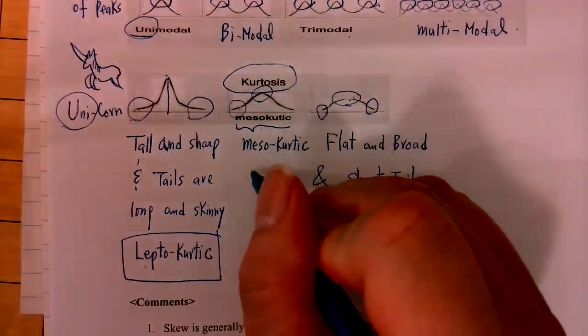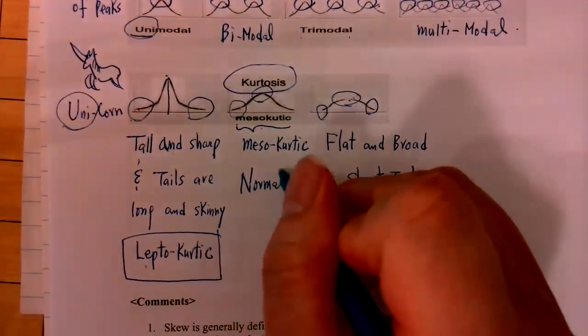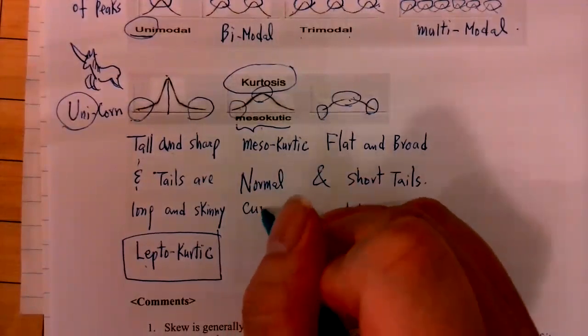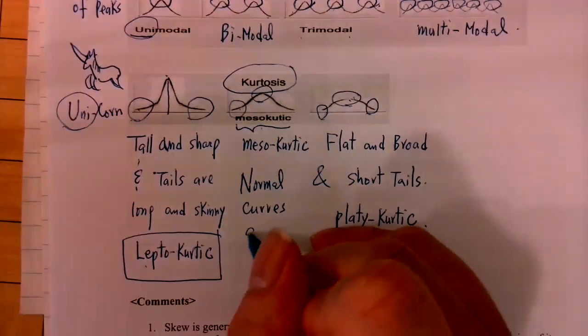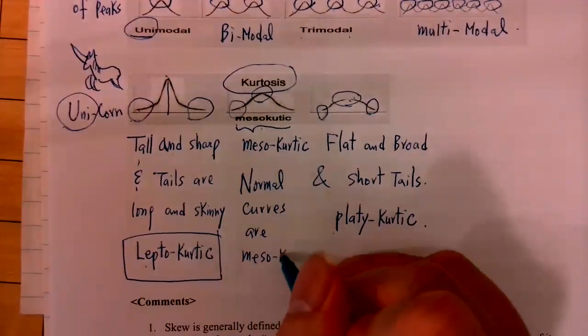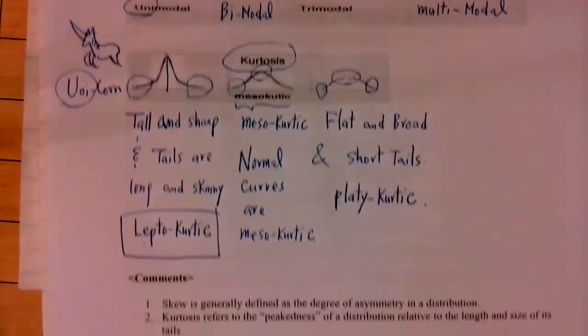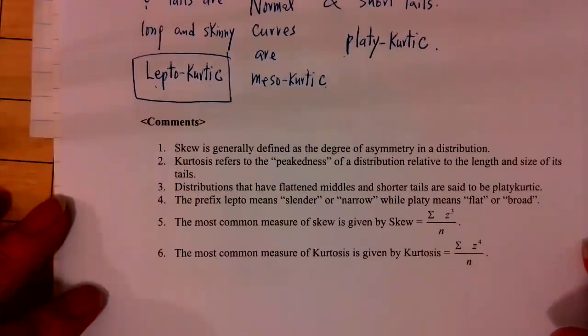For example, if you read about it, the normal distribution is mesokurtic. Okay, so let's go over this one again at the bottom.